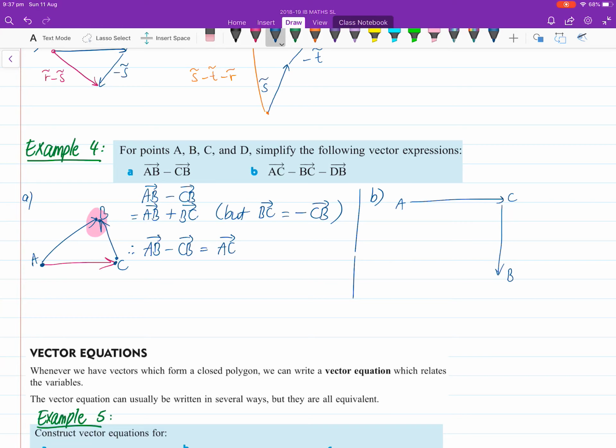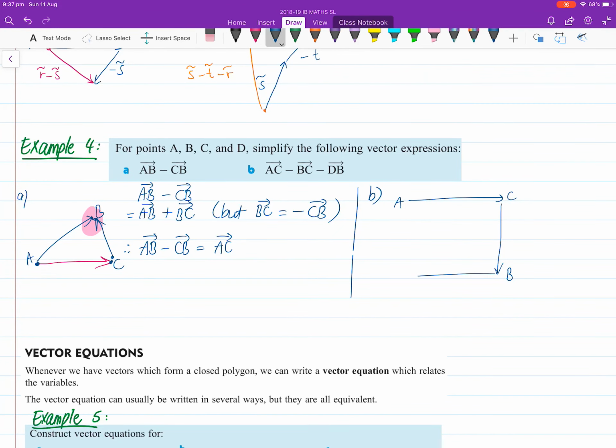Yeah, that makes sense. And then we go from B to negative DB, so let's say D is there. Because from D to B would be going the other direction, so negative DB is going that way towards the left. Yep, that's good.